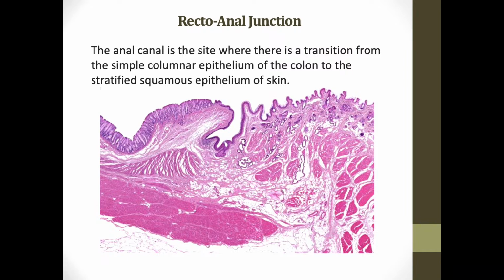So this is the recto-anal junction. The anal canal is the site of transition from the simple columnar epithelium of the colon to the stratified squamous epithelium of skin. It means that these squamous cells are keratinized. This part is simple columnar epithelium, and then it is replaced by stratified squamous epithelium.